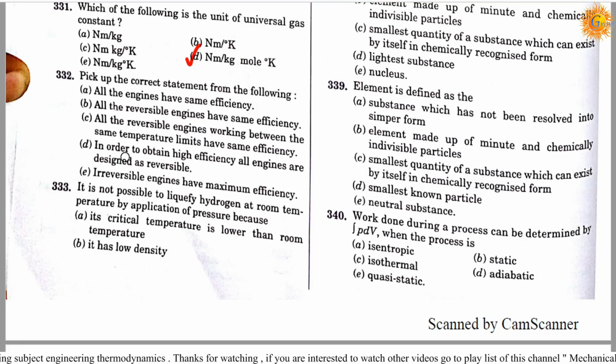Option D. In order to obtain high efficiency, all engines are designed as reversible. Option E. Irreversible engines have maximum efficiency. So the correct statement is C. All reversible engines working between the same temperature limits have same efficiency.